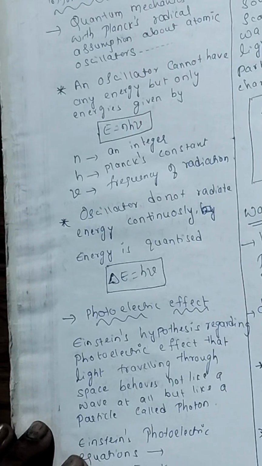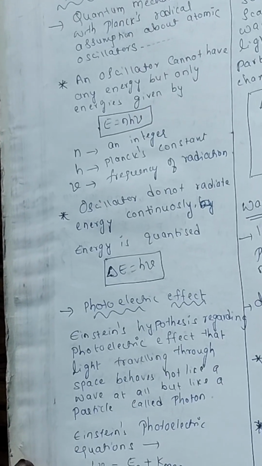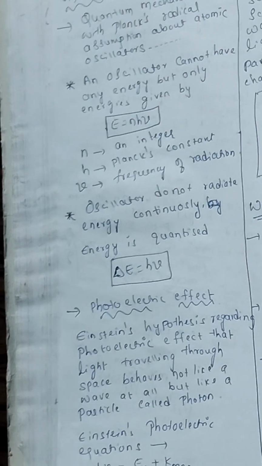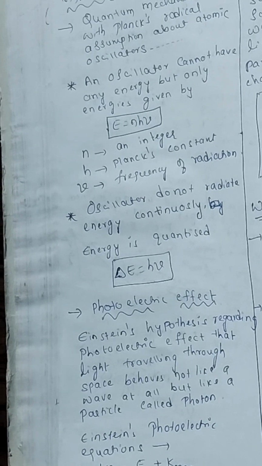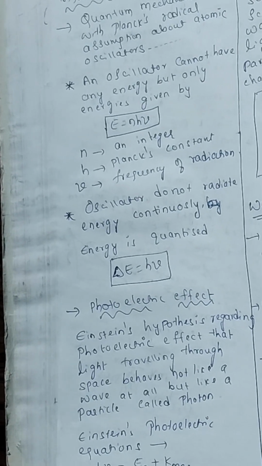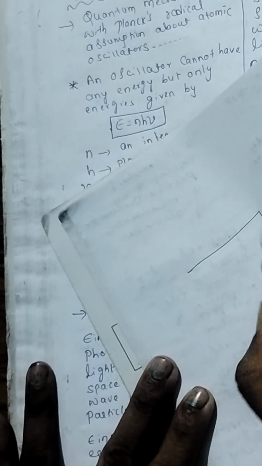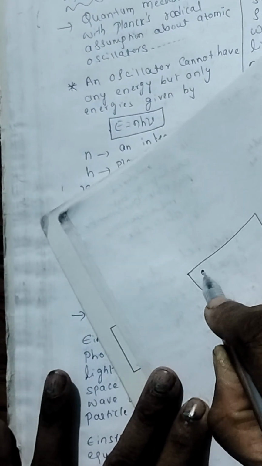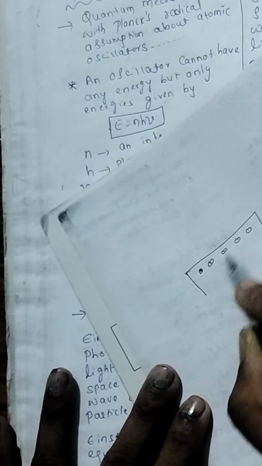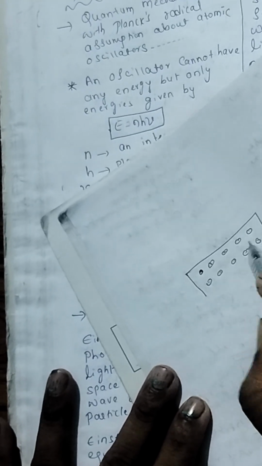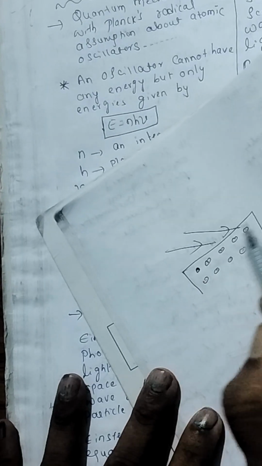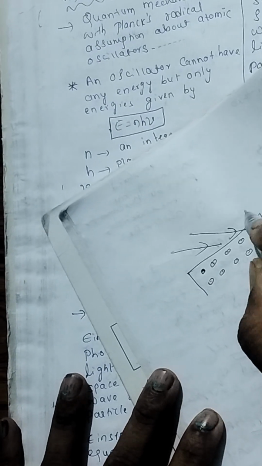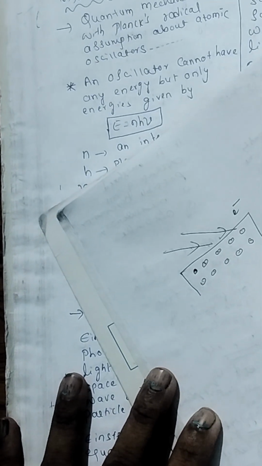Now, the next topic is the photoelectric effect. I think you all are familiar with the photoelectric effect, right? If this is a particular metal and these are the electrons in the metal, then when light is incident on the metal, electrons are emitted from the metal.